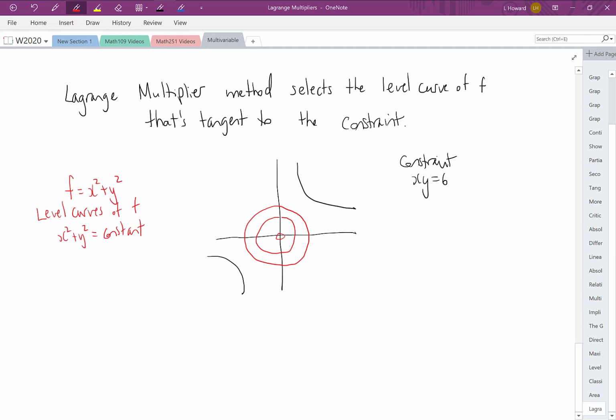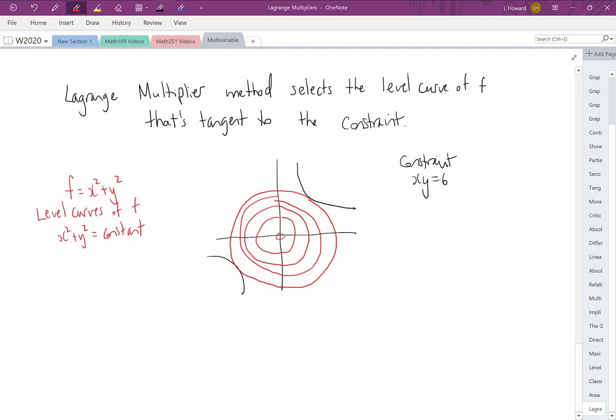Now, if we keep drawing circles, eventually we will get to a circle, maybe this next one, that will be tangent to our constraint. When the level curve of your function is tangent to your constraint, that means you have made your function as big or as small as possible, depending on whether you're doing a maximization or minimization question.